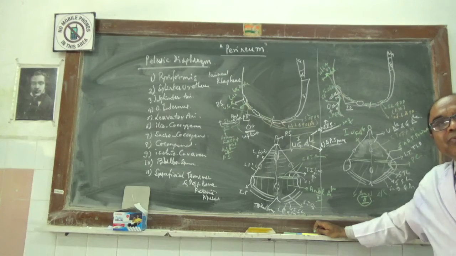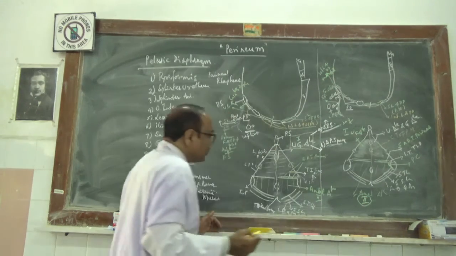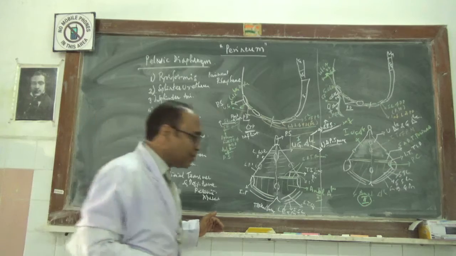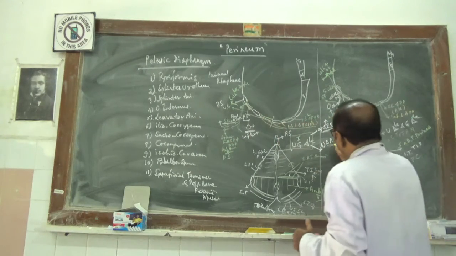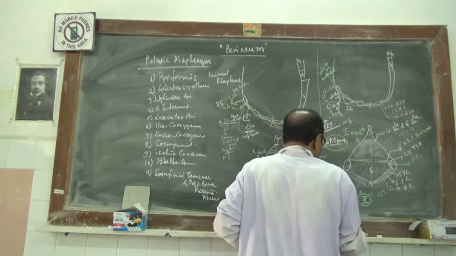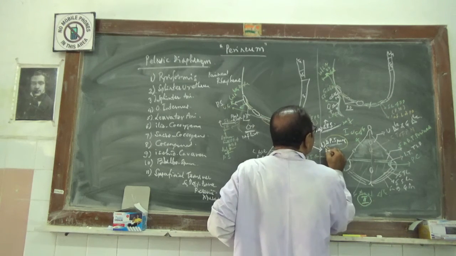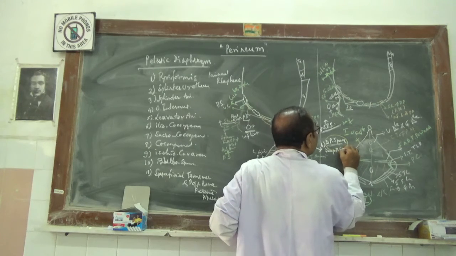Now you will get what is said to be the deep perineal space, which is the second perineal space.